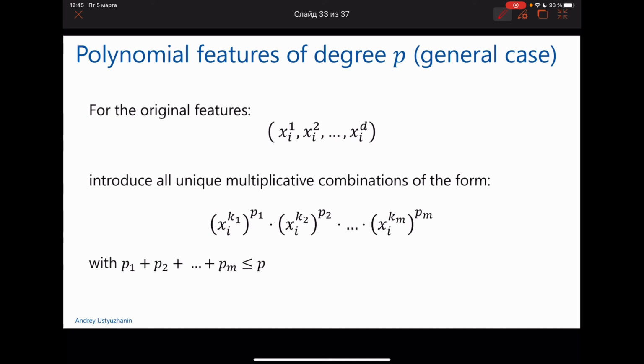So in general, you can think of adding polynomial features of degree p to the original set of features. So we can introduce all unique multiplicative combinations of the following form: x_i to the power of p1, x_k to the power of p2, etc., such that the sum of those powers is less than the hyperparameter p.